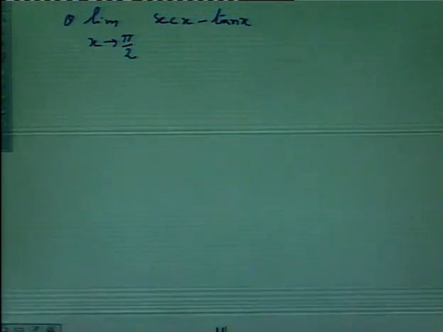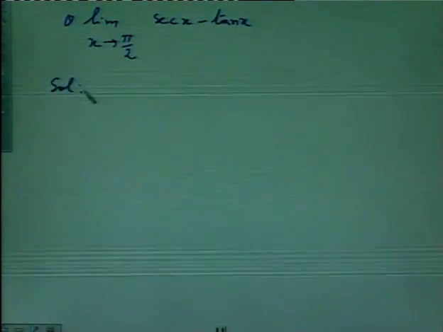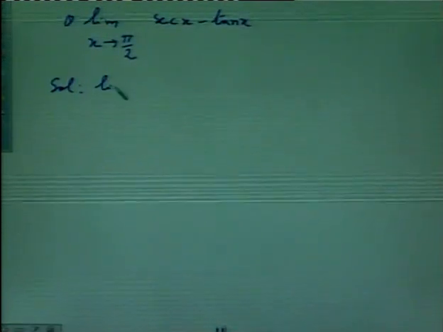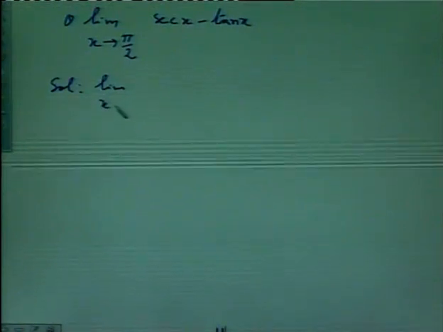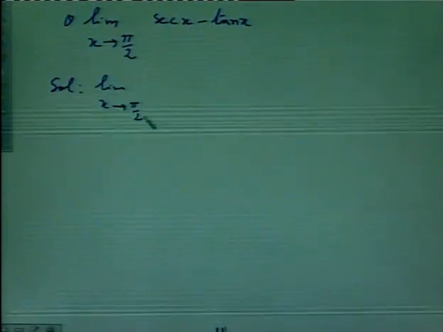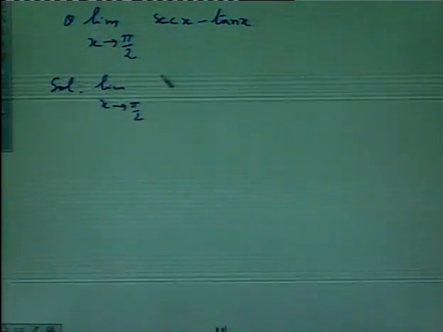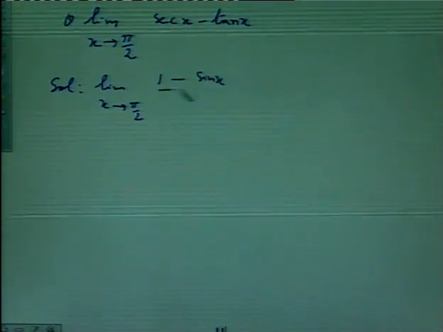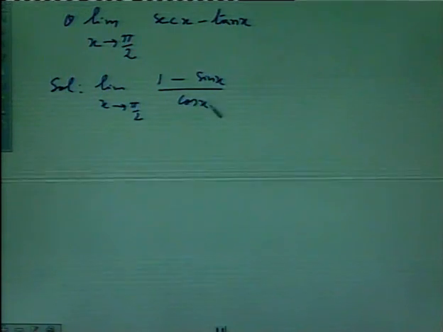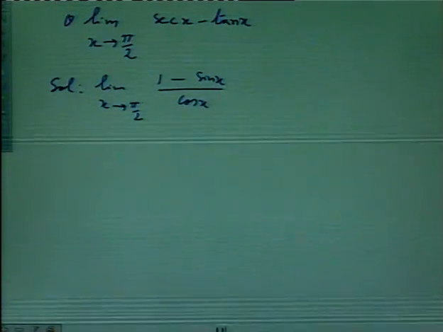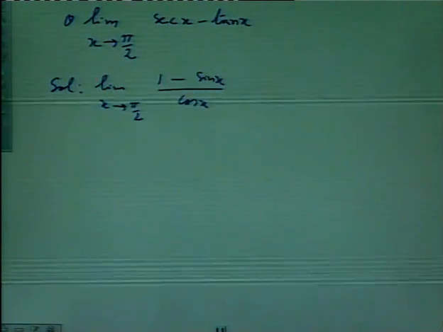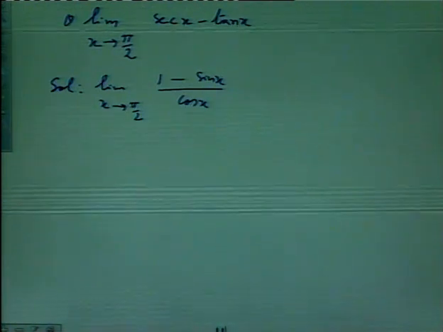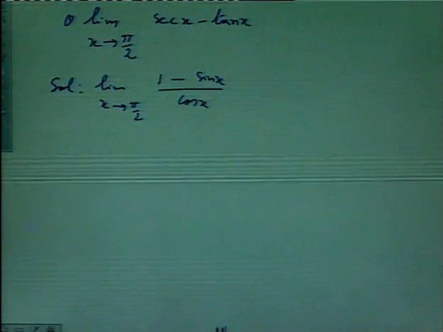Now, applying some simple trigonometry, limit x tends to pi by 2, 1 minus sin x upon cos x, because secant is 1 upon cos x and tan x is sin x upon cos x. Taking cos x as LCM, we will have 1 minus sin x upon cos x.